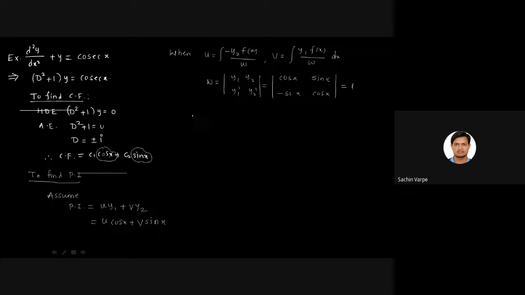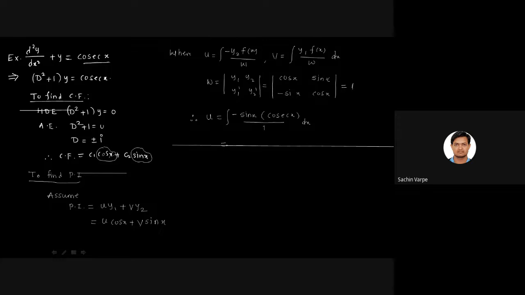So with this value of W, u becomes integration of minus y2, which is sin x, into f of x, the right hand side function, which is cosec x, upon W, which is 1, with respect to x.